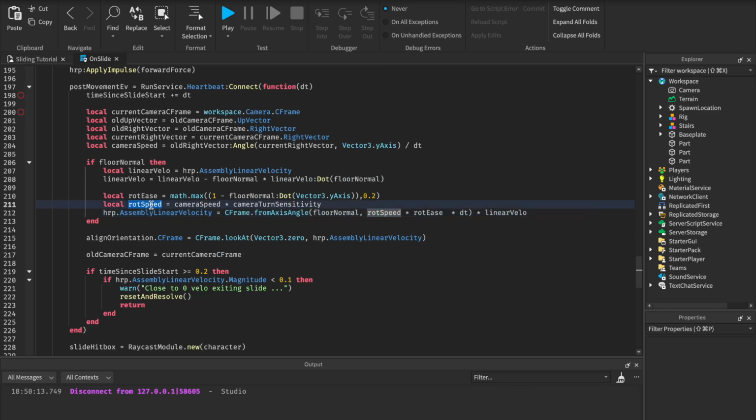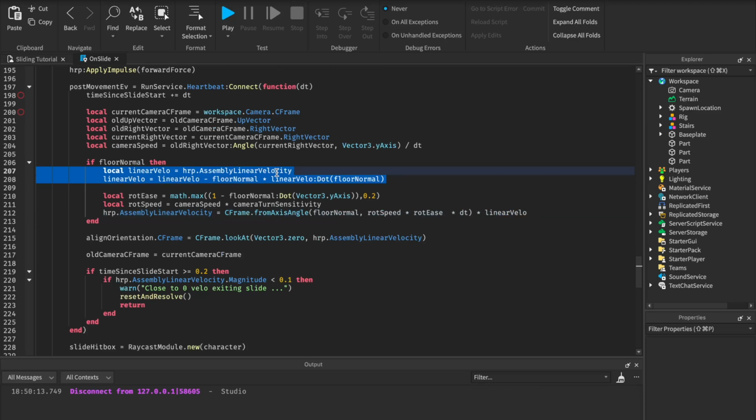But over the course of a second, it would have rotated however many degrees this is. So if rot speed is like 30 degrees per second, over the course of 1 second, it would have rotated 30 degrees, you could think. But obviously that's modified by rot ease. So depending on how steep the slope is, that would determine ultimately how fast we will rotate. And then we just multiply that all by linear velocity, which is the original direction of the character.